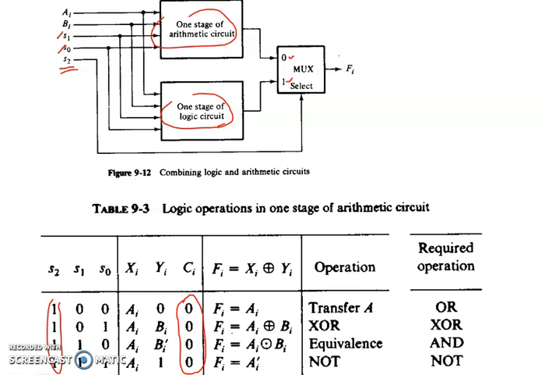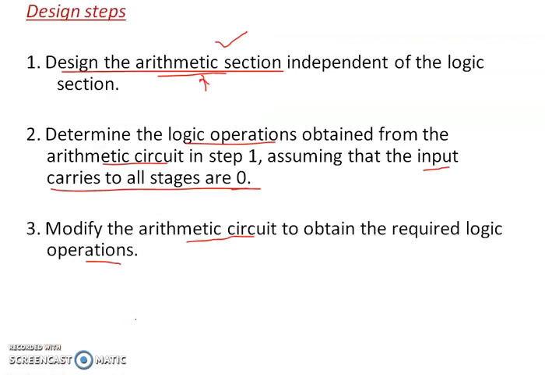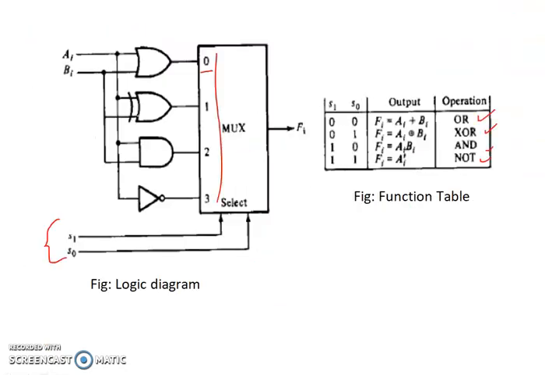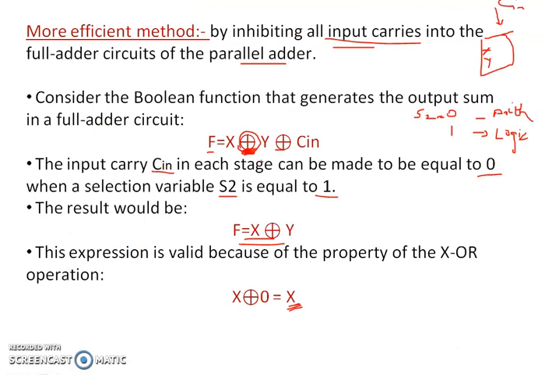After performing these operations, we can see that when the xi exclusive OR yi operation is performed on ai, we are making use of this exclusive OR gate to implement the logic operations.